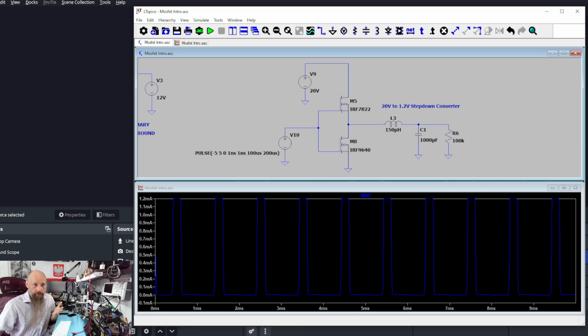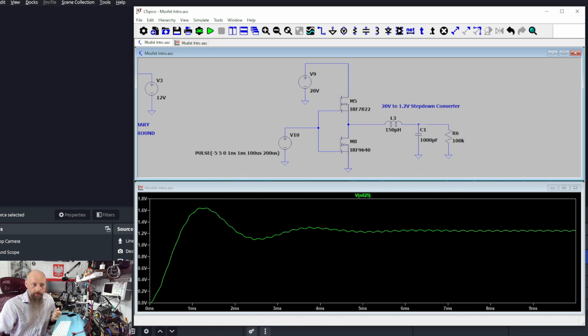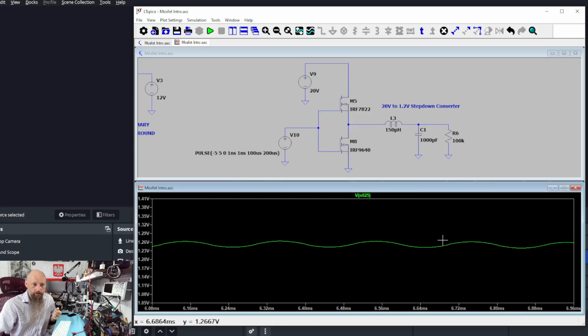But the same way as we did it with the bipolar transistors, M5 opens, starts charging the coil. As soon as the coil is charged, M8 opens while M5 closes, discharging the coil, which should result, in this case, in a voltage of roughly 1.2 volts. And this would be something you would see on the memory rail of the motherboard.